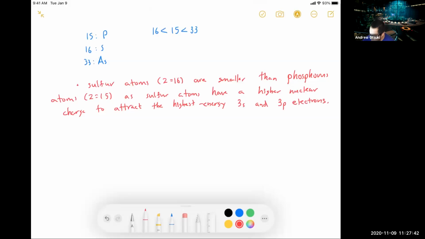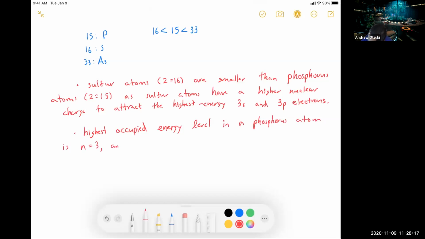Like so. And the highest occupied energy level in a phosphorus atom is N equals 3.